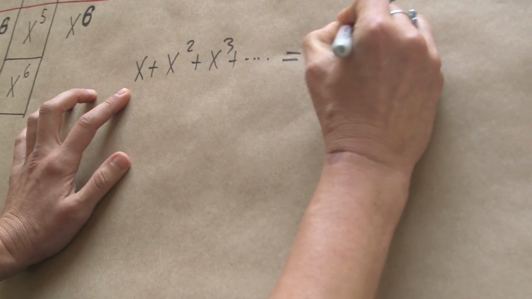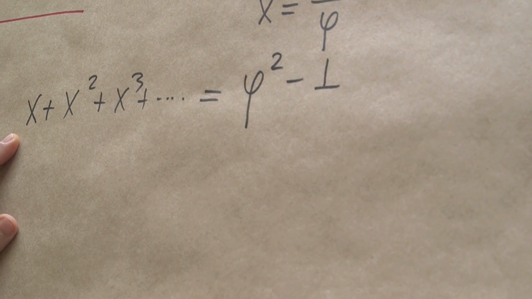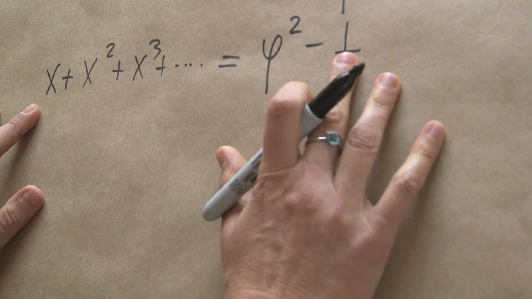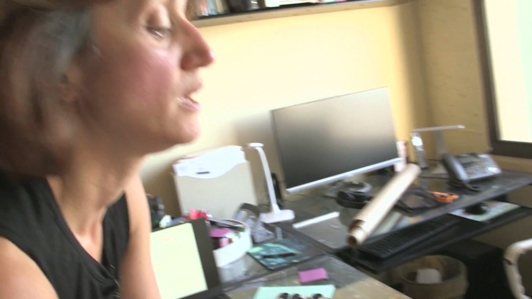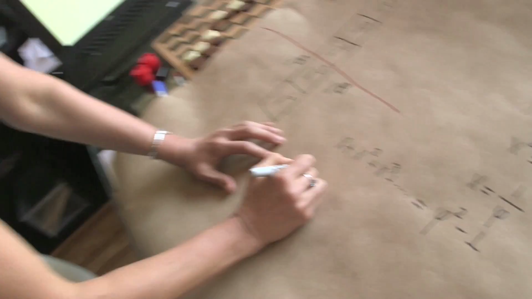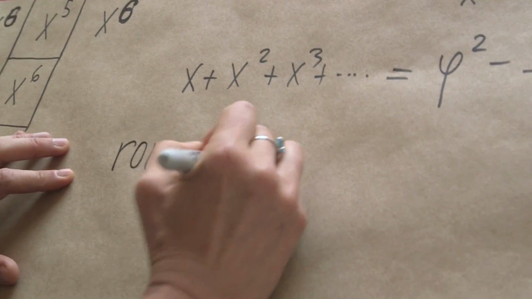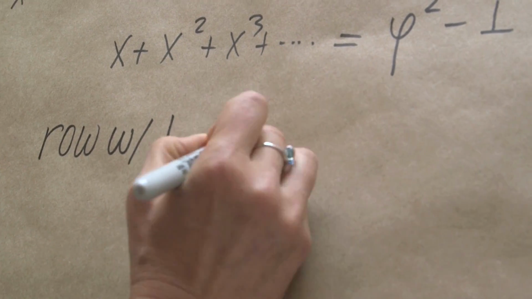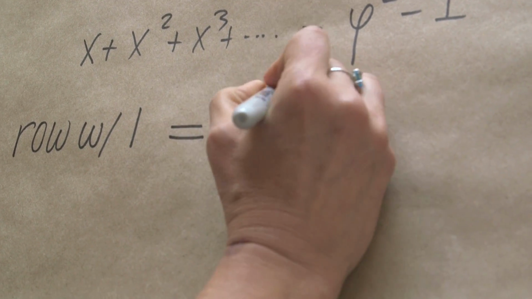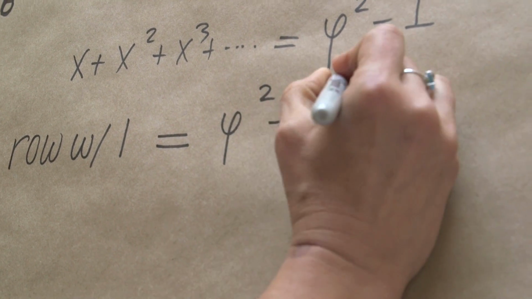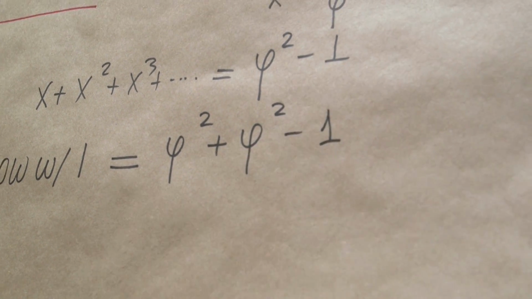So this whole thing is our previous answer minus 1. Okay, this is all very nice, but now we should add them up to get the whole row. All right? So row with 1 adds up to phi squared plus phi squared minus 1.